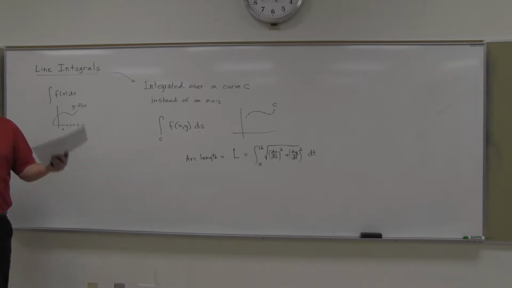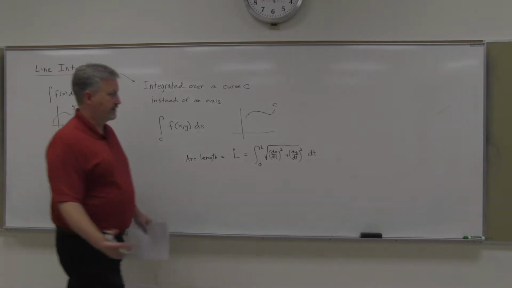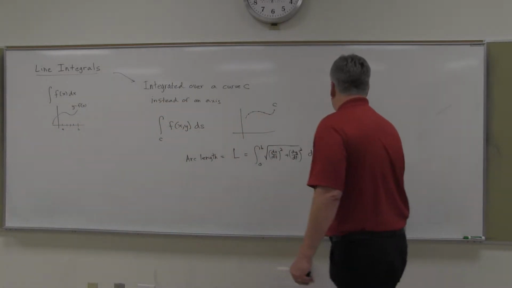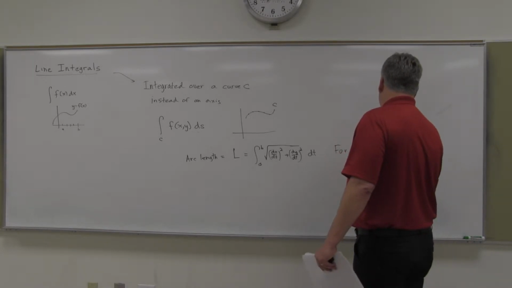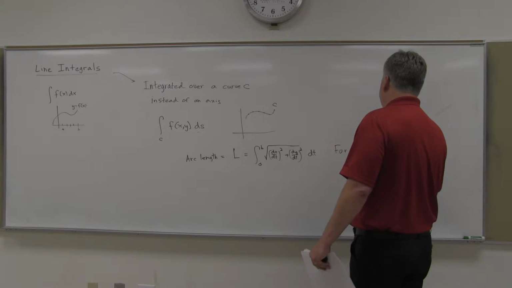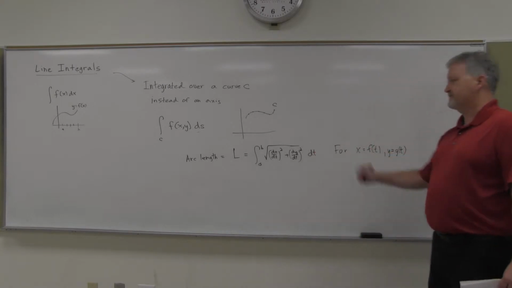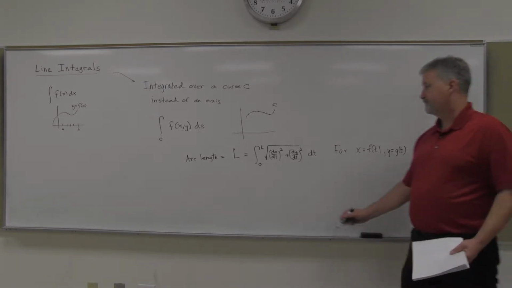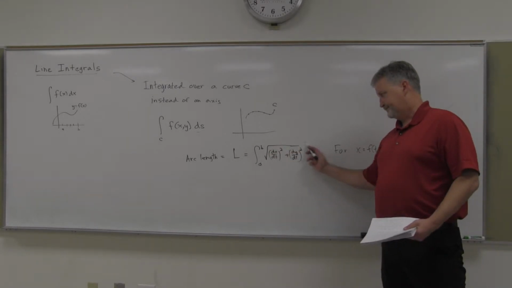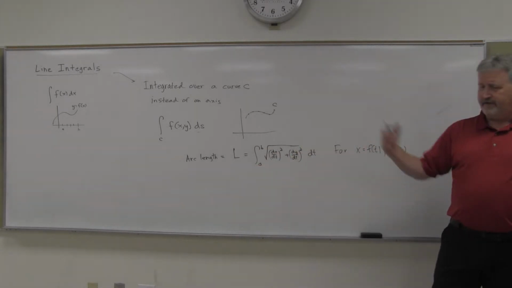This is the arc length over the parametric curve x equals f of t, y equals g of t. That gives us that arc length, and a reason I bring that up is because this comes up when I go to the definition.